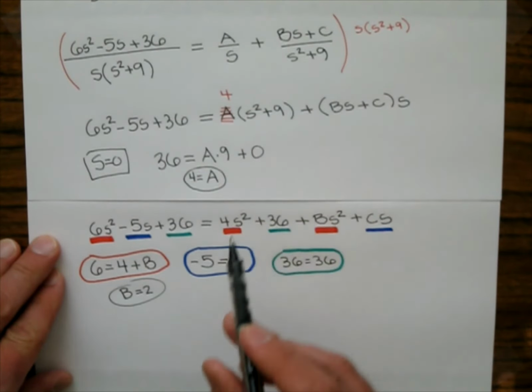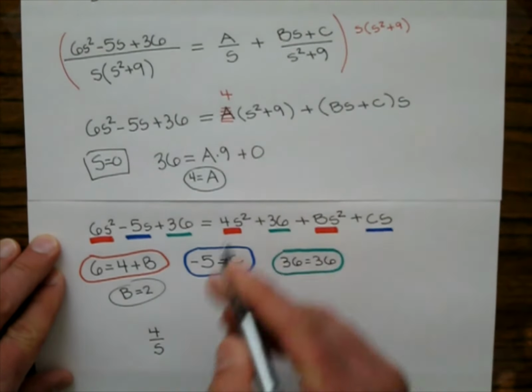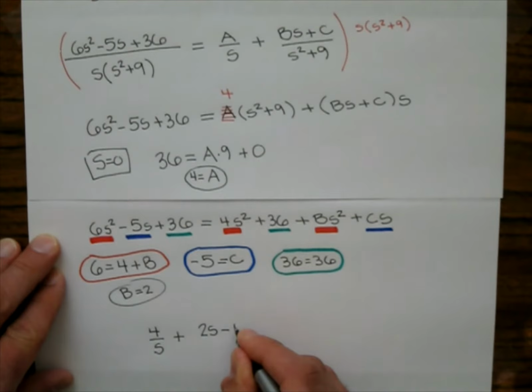So I have a over s, that's 4 over s, plus bs plus c, or 2s minus 5, all over s squared plus 9.